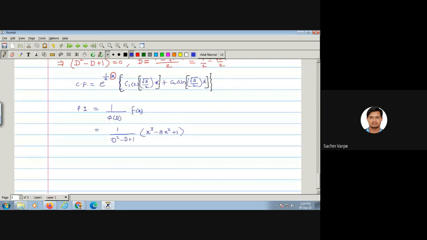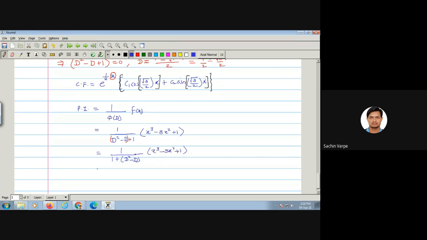So directly operate, where p is what? D square minus D. This is already in the form of 1 upon 1 plus p, right? Yes. So let me write in that form: 1 upon 1 plus p, where p is D square minus D, operated on x cube minus 3x square plus 1.